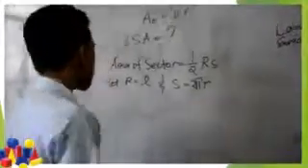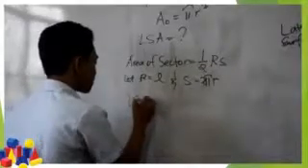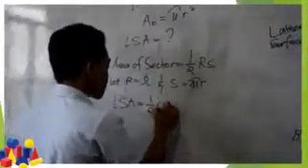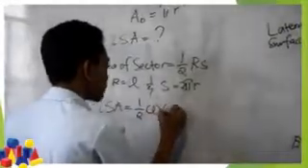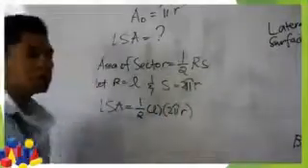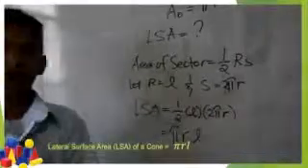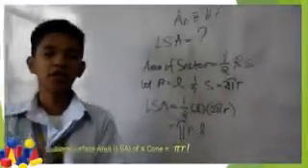So the lateral surface area is equal to 1/2 times the slant height times 2 pi r. Simplify, so we have pi r l. So we have the lateral surface area.